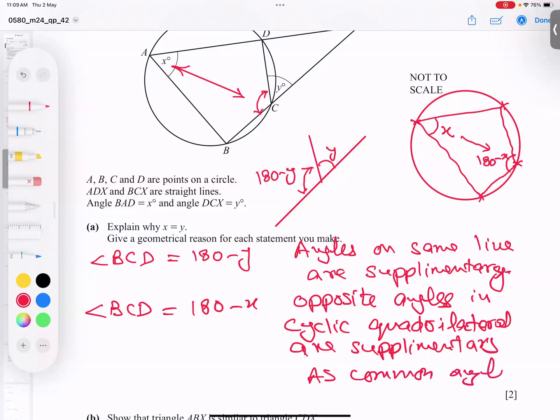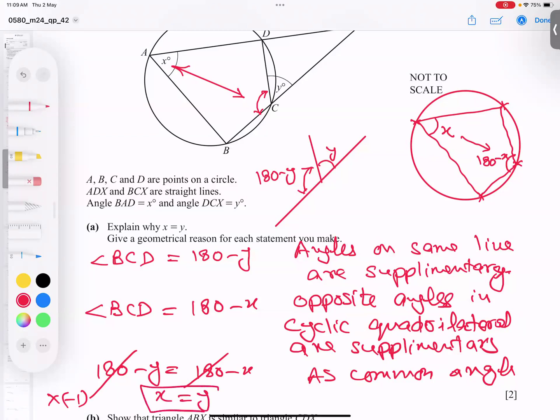Because the names are the same, you see, I can put them equal to each other. So 180 minus y equals 180 minus x. Here 180 cancels out, and shift y here, x there. So it means x is equal to y, proved.